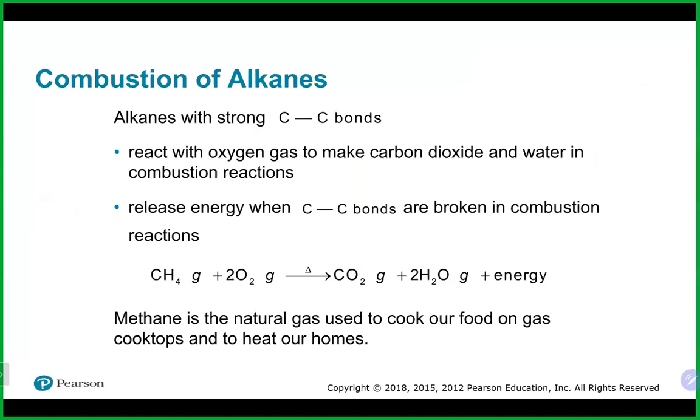Combustion of alkanes. Alkanes go through 2 types of reactions. One that we're familiar with is the combustion reaction. That is basically an organic compound, made of carbon, hydrogen, and oxygen, plus O2 makes CO2 plus water, and usually a flame, like when you light methane in a Bunsen burner.